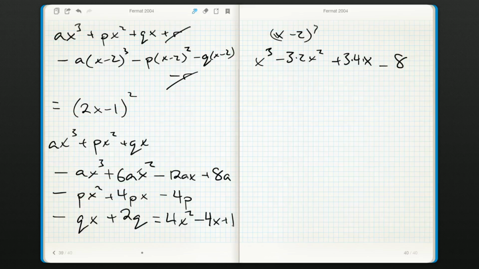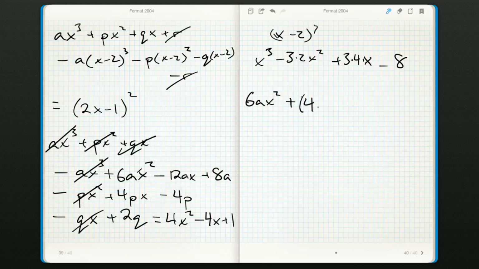Yeah, okay. So another thing to note, these ax cubes will go away. These px squared will go away. This qx will go away. So we're left with 6ax squared plus 4p minus 12a x plus 8a minus 4p plus 2q.